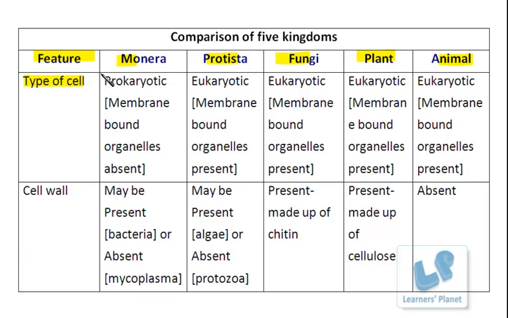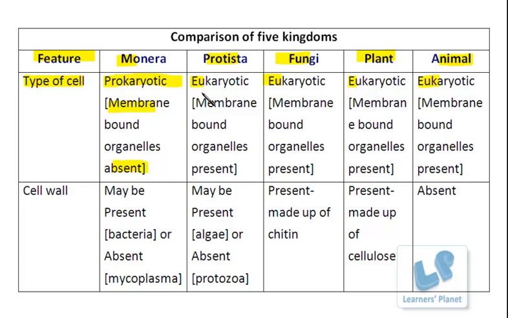In the case of Monera, these organisms are made up of prokaryotic cells, while in all the other four kingdoms, the organisms are made up of eukaryotic cells. Now, I will just summarize what a prokaryotic cell means. It is the one in which a primitive nucleus is present and membrane-bound organelles are absent.